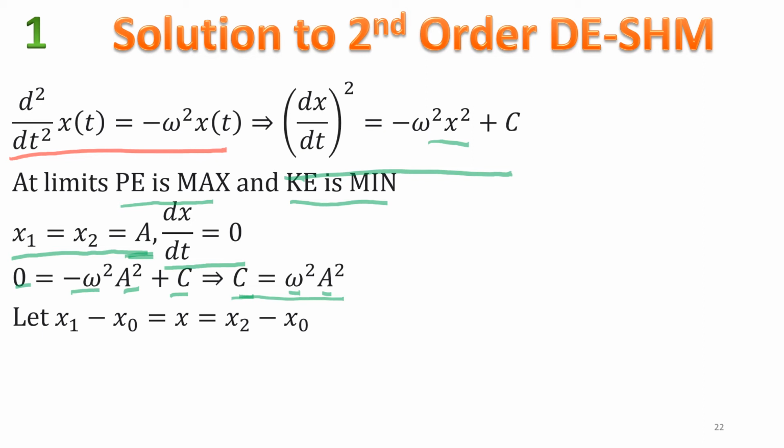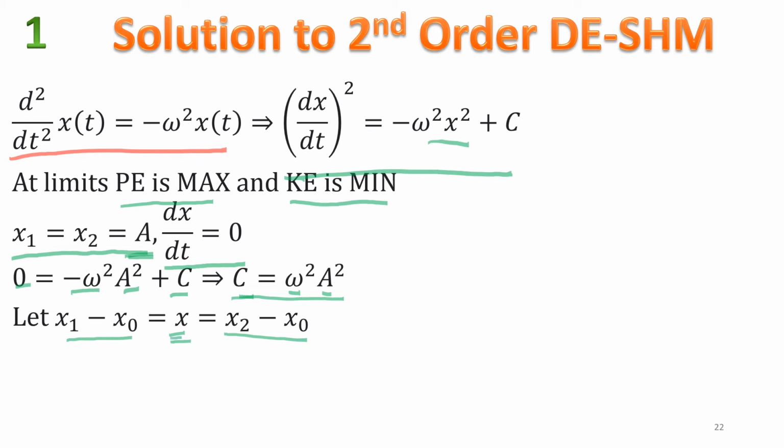Now x1 minus x0 is equal to x, that is equal to x2 minus x0. So we are considering identical conditions on right hand side and left hand side, and that we are representing in terms of a general variable x.